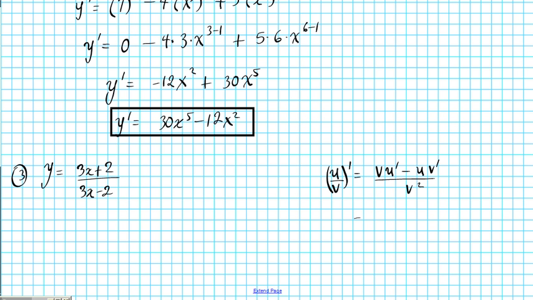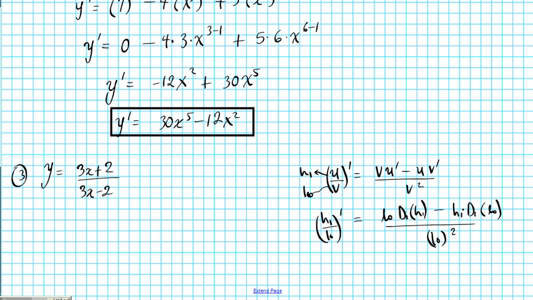And a mnemonic device that some people use is to call the top "high" and the bottom "low." Then they say the derivative of high over low is low times d high, minus high d low, over low squared.